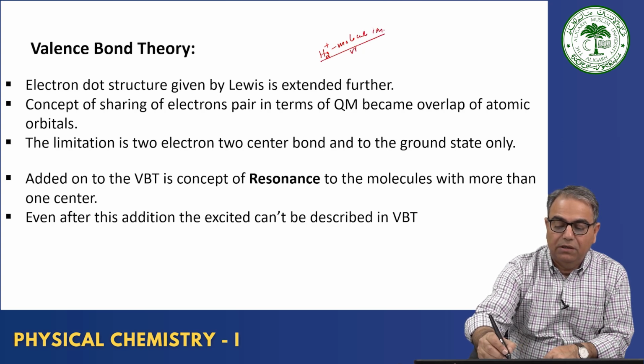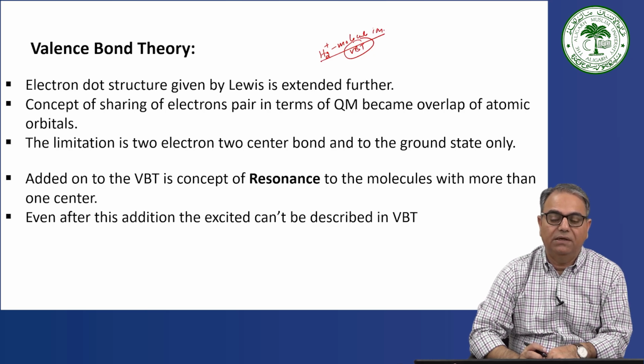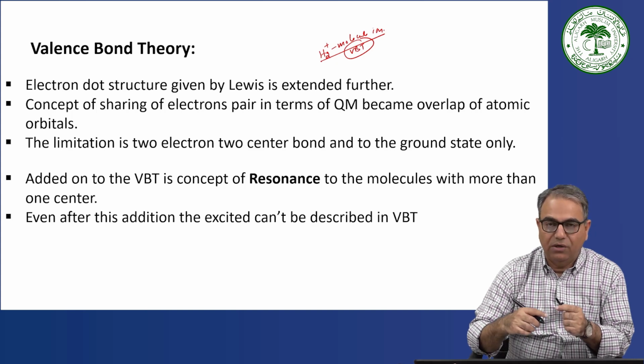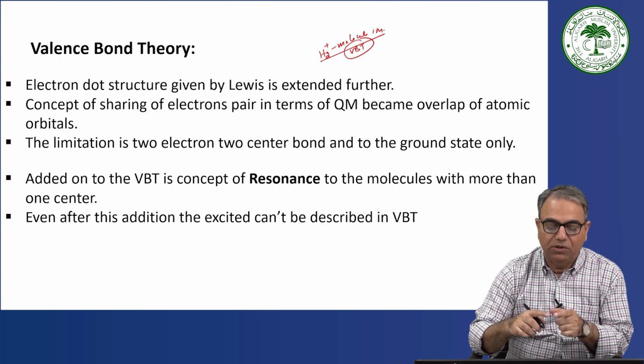Valence bond theory, VBT, does not support the formation of H2 plus because it always talks about electron sharing, so there must be two electrons or two overlapping orbitals. So H2 plus is not in the valence bond theory regime.